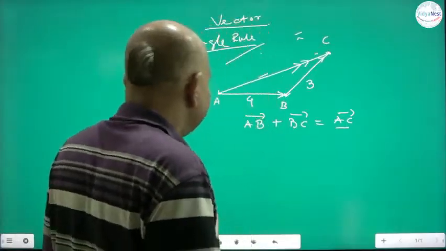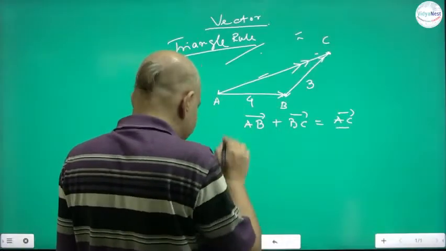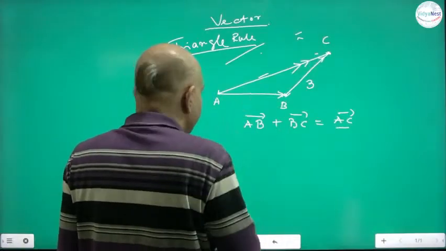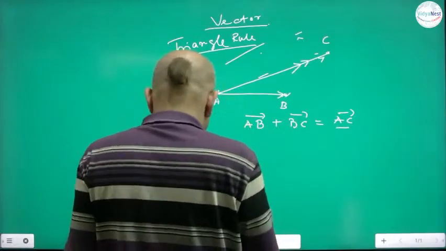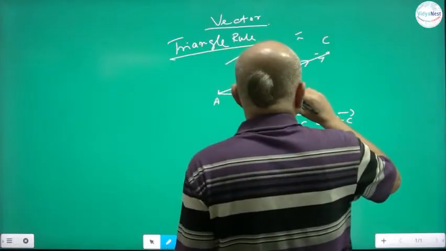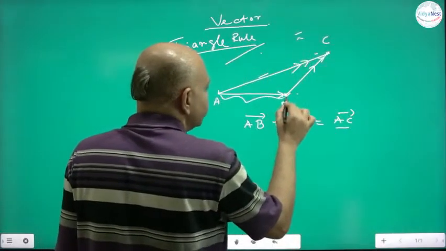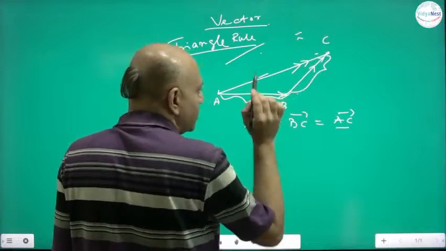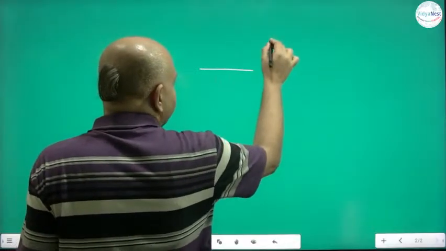Now suppose the magnitude of AB is this much, the magnitude of BC is this much. So we are going to add these, just like I'm going to draw on the next page.